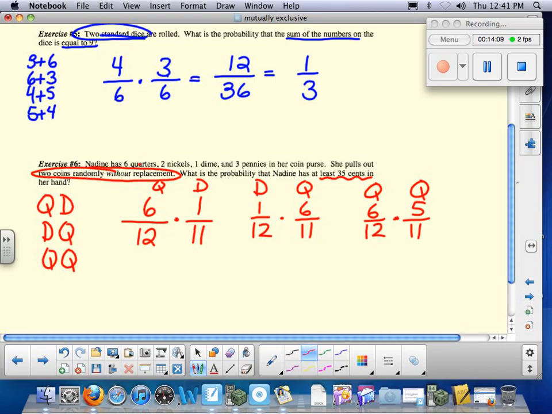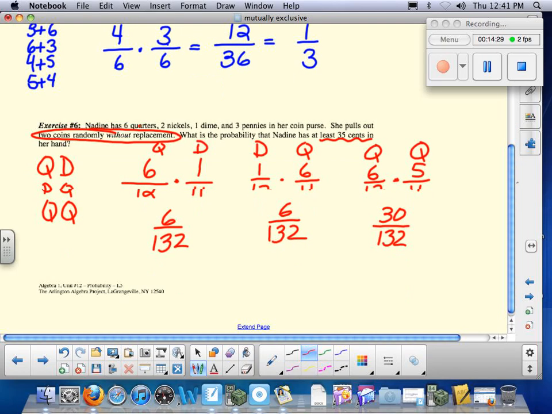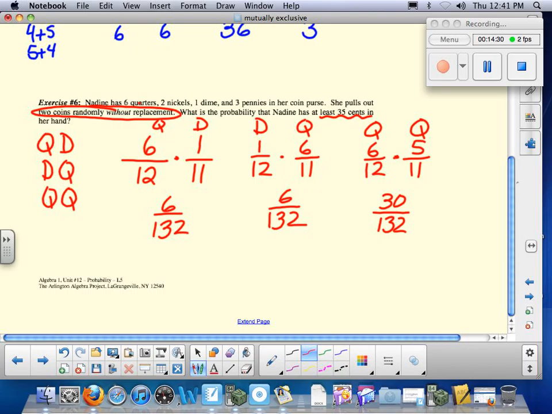Okay, so to find the probability, we're going to calculate each of these different scenarios. So I'm not going to reduce my fractions right now. I'm simply going to multiply. I just multiplied each pair. And then I'm going to add those together.